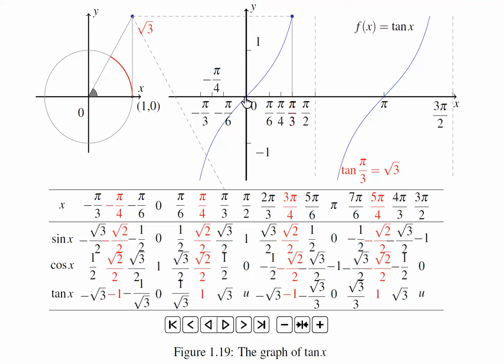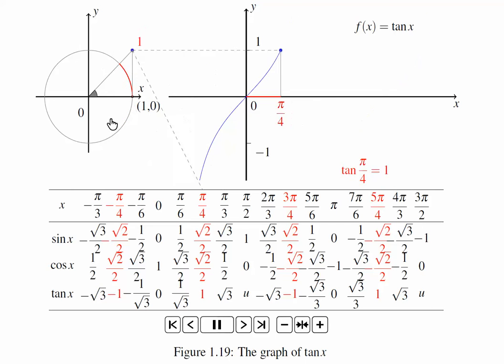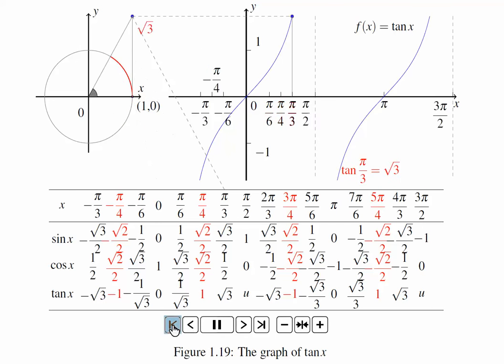When x equals pi over 3, you have a value y this high, which is radical 3. Graphically, you can see here is 60 degrees, here will be 30, and this is 90 degrees.